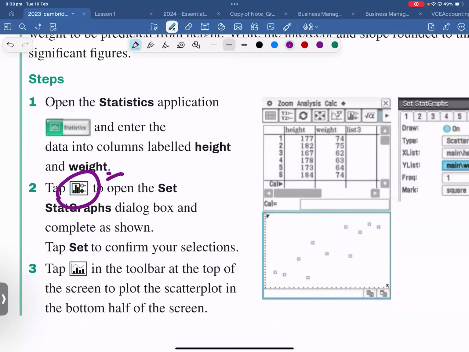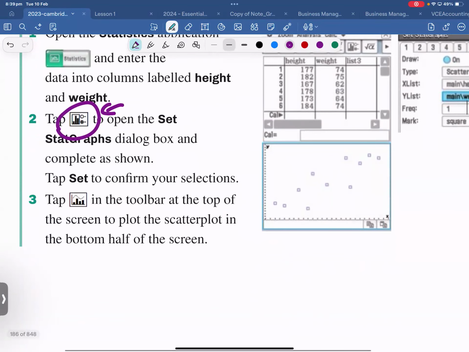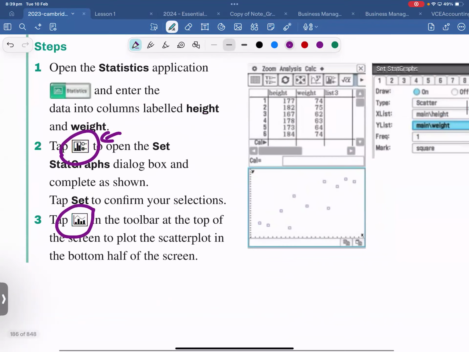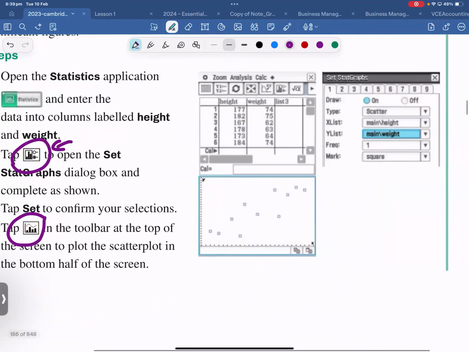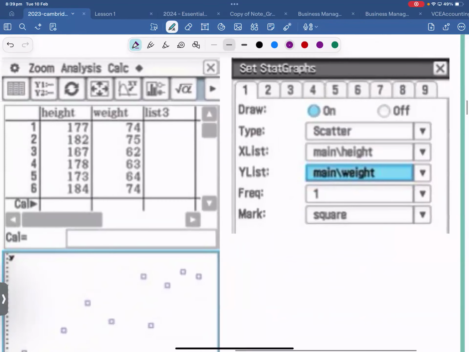That graph. Yep, graph thing, and then after that, you have to set up the stat graphs, and then you will get something like this.